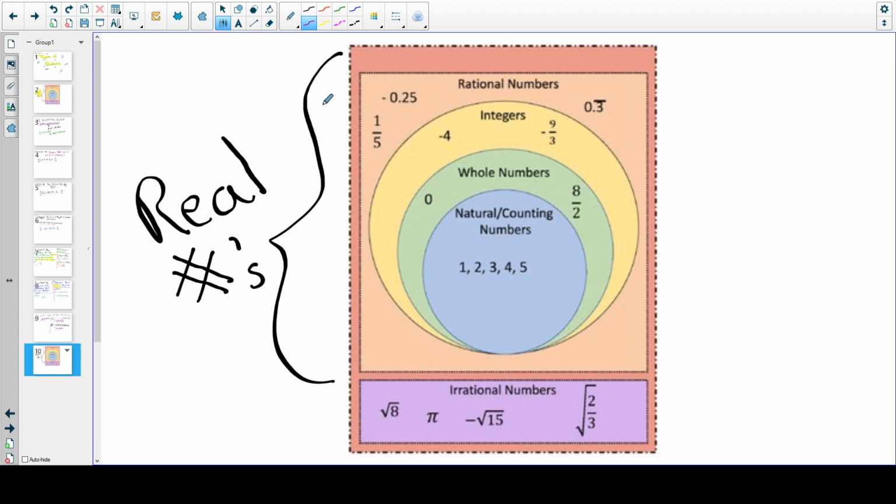If we put a 0 into the natural numbers, we get the whole numbers. Then integers, those are positive and negative whole numbers. And last but not least, rational numbers. And irrational numbers are numbers that are not rational.